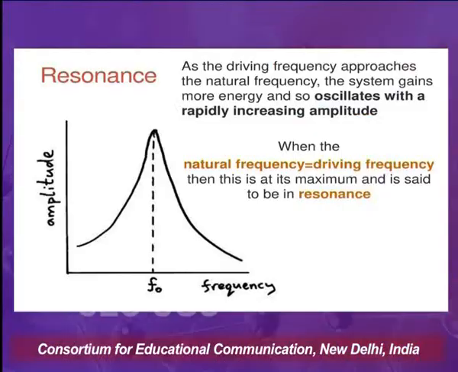This is the graph of resonance, and from that diagram it is clear that when the amplitude is maximum, that is the resonance frequency. When the natural frequency equals the driving frequency, then this is at the maximum and is said to be a resonance.